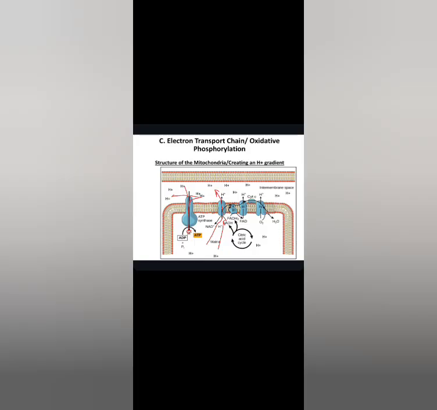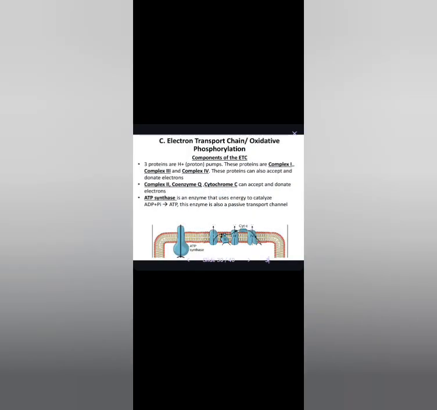That high energy electron is taken away from NADH, given into complex 1. From complex 1, that high energy electron goes into coenzyme Q. Nothing happens, coenzyme Q is kind of useless. But coenzyme Q receives that high energy electron and passes it down to complex 3.